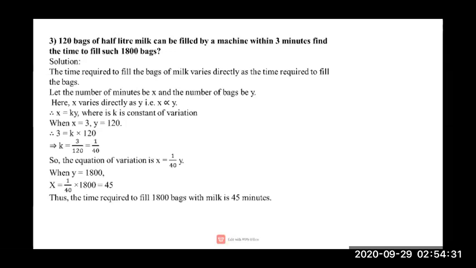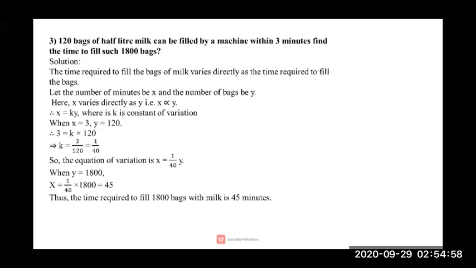Here you can start the sum by saying that the time required to fill the bags of milk varies directly as the number of bags. We will assume the number of minutes be x and the number of bags be y.